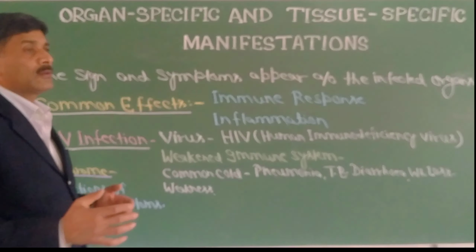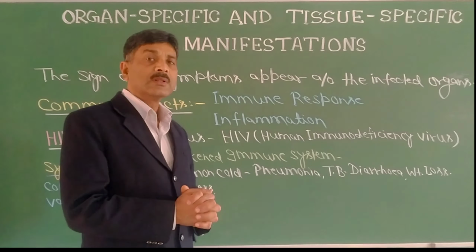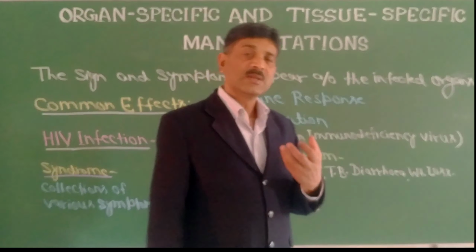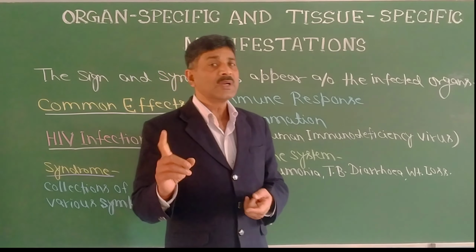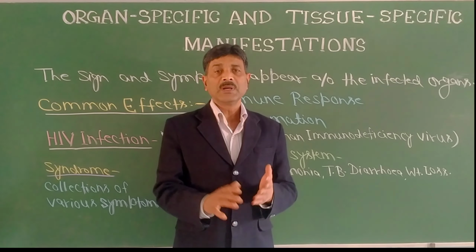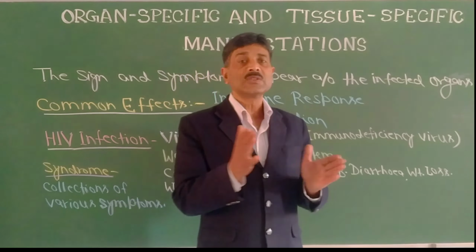In general, whenever there is entry of a pathogen, that means there will be an immune response. Our immune system will fight against the pathogen, and it will be decided by the number of pathogens. If the number of pathogens is lesser, then it will be destroyed by our immune system and we will remain fit.